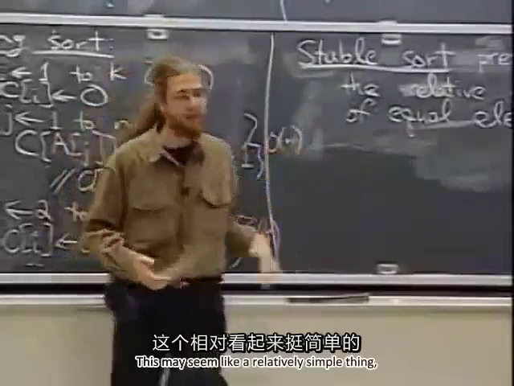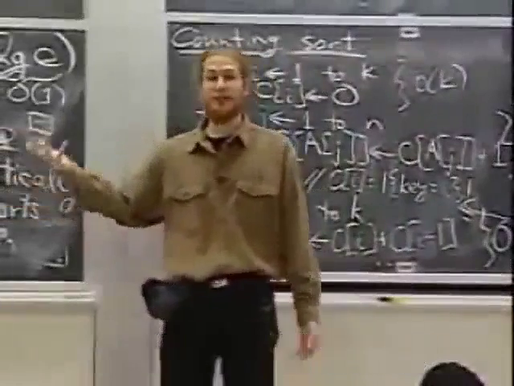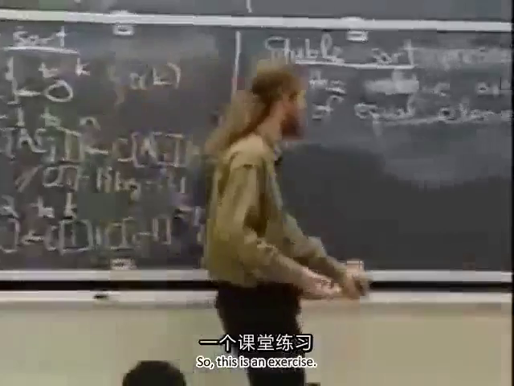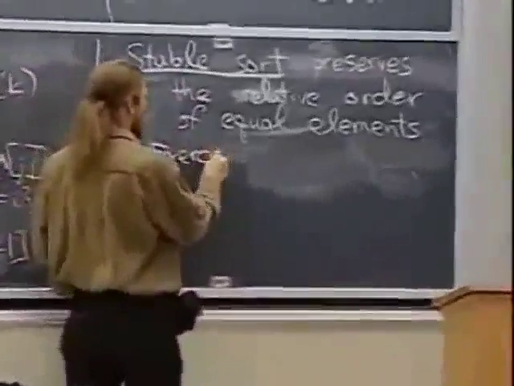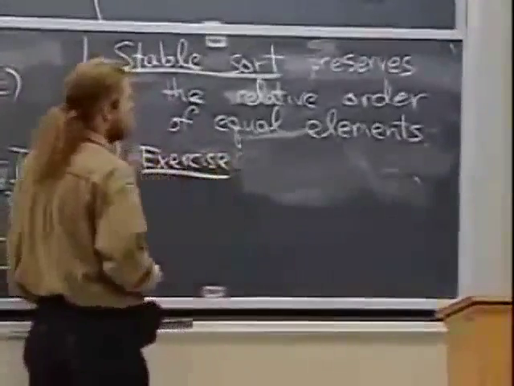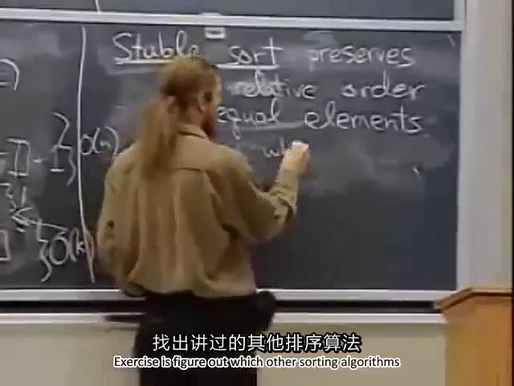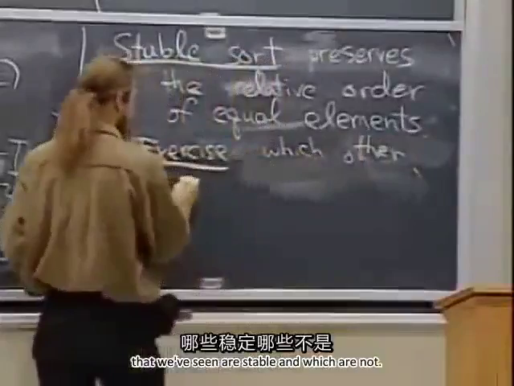This may seem like a relatively simple thing, but if you look at the other 4 sorting algorithms we've seen, not all of them are stable. So this is an exercise: figure out which other sorting algorithms that we've seen are stable and which aren't.